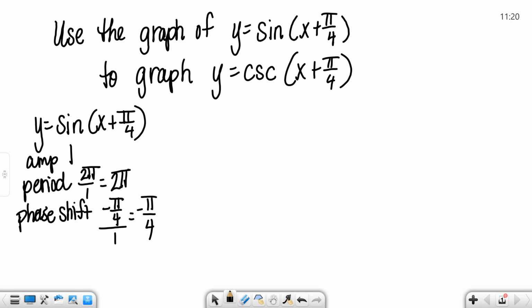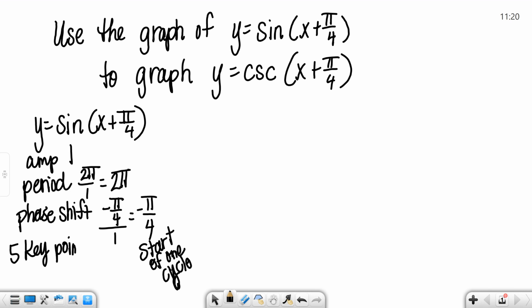So negative pi over 4. What that means is that negative pi over 4 is the start of one cycle. That's our first x value. Next thing I have to consider is those 5 key points.